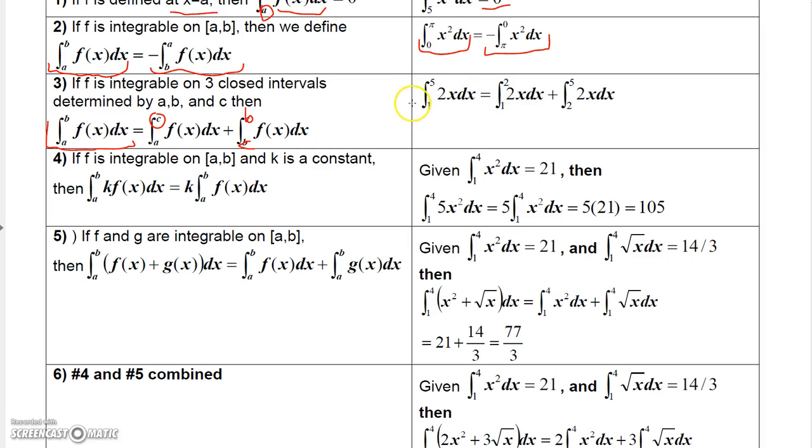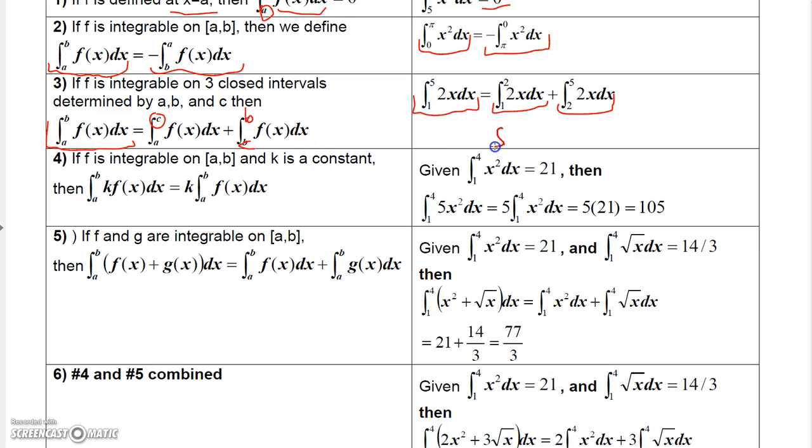So you go from a to c and then from c to b, and that's the same as integrating directly from a to b. For example, if you wanted to integrate the function 2x from 1 to 5, just pick a number. I just picked the number 2 out of my head. So you could integrate 2x dx from 1 to 2, and then add to that the integral from 2 to 5 of 2x dx. And of course, 2 is no magic number. I could have picked any number.